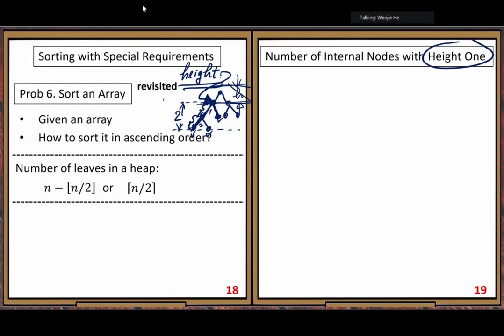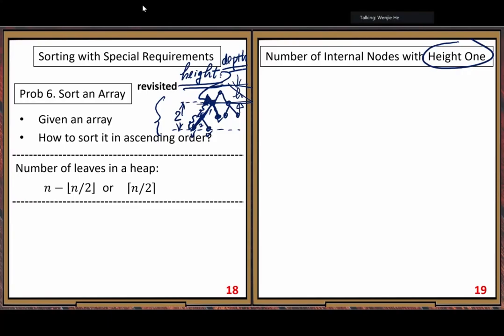Our definition is this one. That's the meaning of height. That one is another concept, depth. So we use a different name for a different concept. Here we only use this height meaning.